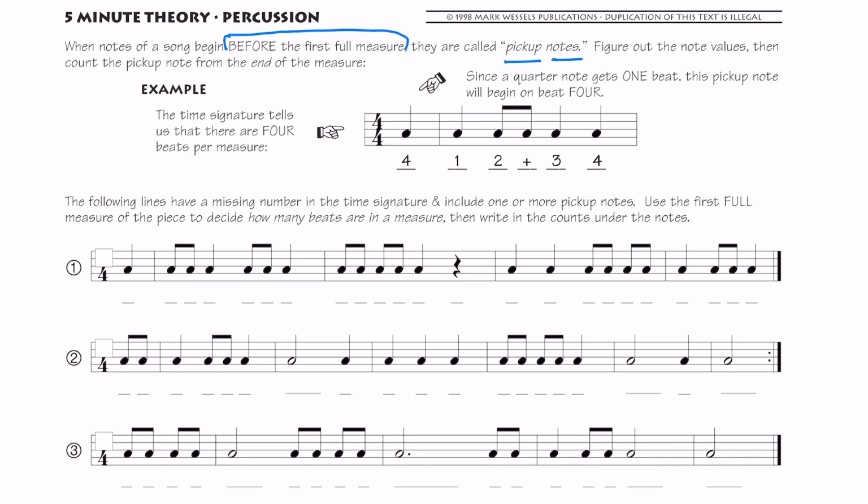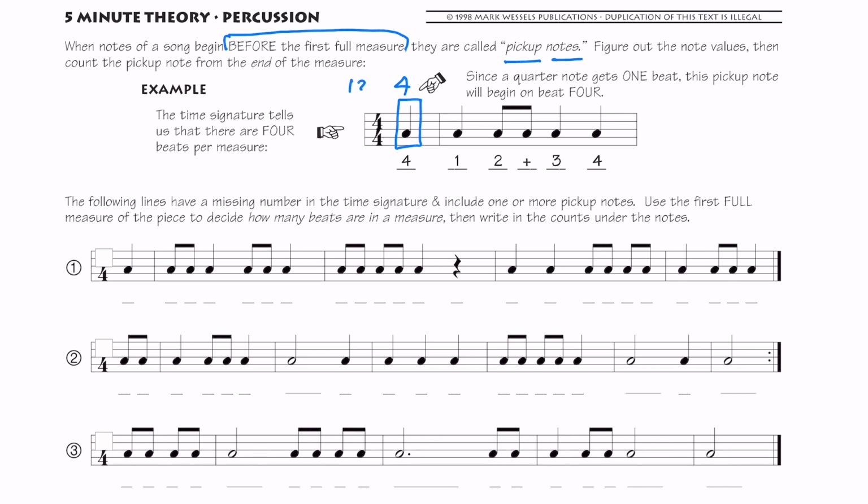So the easiest thing to think of is almost like music math. If I have one quarter note here, how many counts is that? Okay, a quarter note would be one count. Now, if it's sitting by itself, that means it's the last count of the measure, which would be beat 4, right?